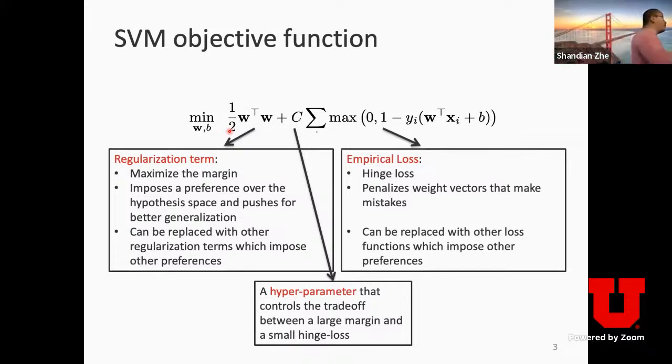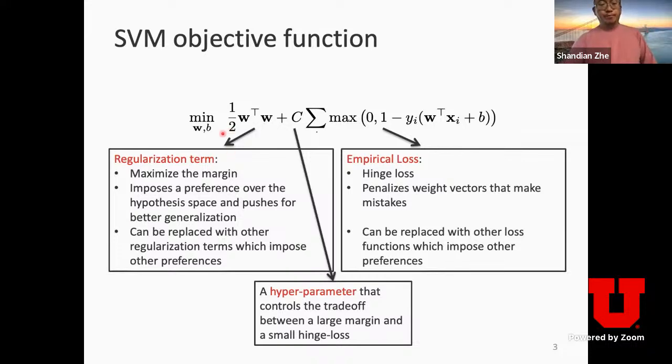I'm not going to go through all the slides we have previously discussed. I want to use this quick description to refresh our mind and to put us on the right track. So here, after this formulation and simplification, and also removing the additional slack variables we introduced, we come to our SVM objective function.